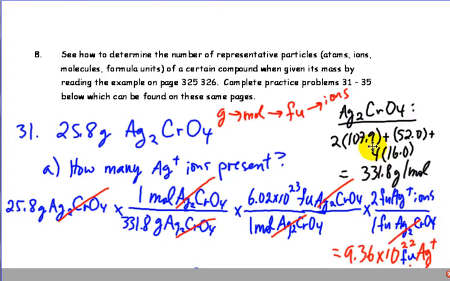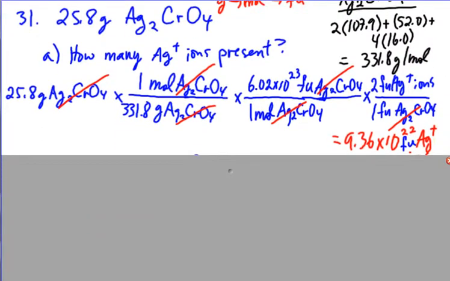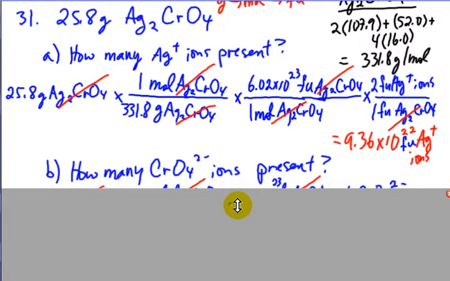So for every one of these, I have 2 silvers. That works out to be 9.36 times 10 to the 22, and we refer to that as formula units of silver.